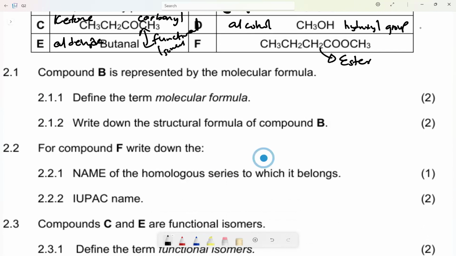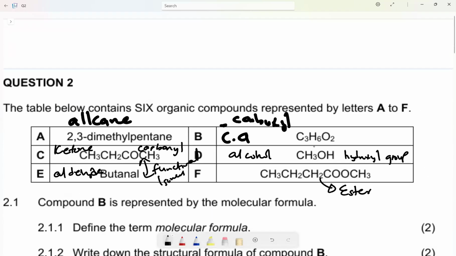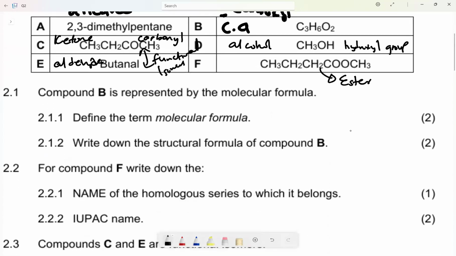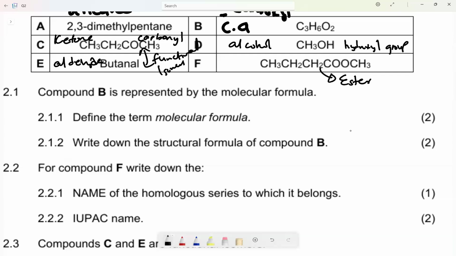2.1.2, write down the structural formula of compound B. What is compound B? C3H6O2, like that. So it's going to be C3, and now H, H, H like that, H like that, H like that.